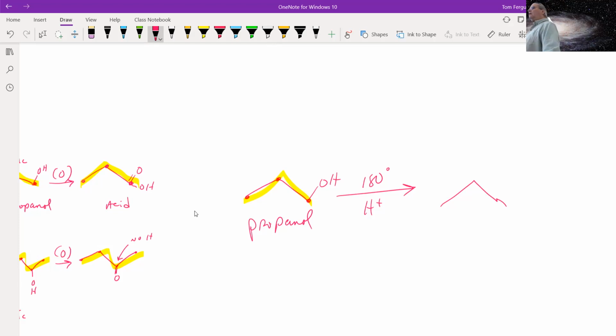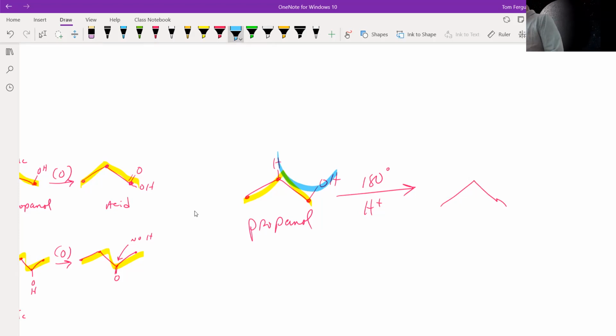Now, an alcohol, 180 degrees, we need to find water. So we have the OH, find that first, then go to an adjacent carbon, which is the only one that's here, and that has two hydrogens on it. So now we have water, so we can pull it off.